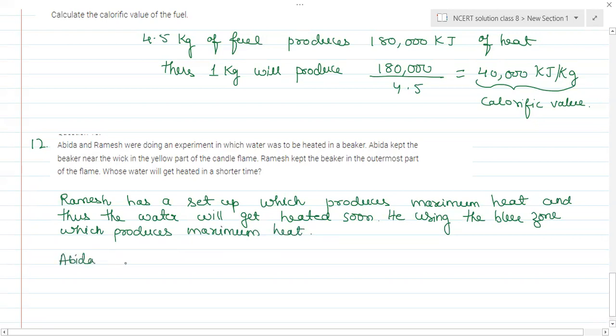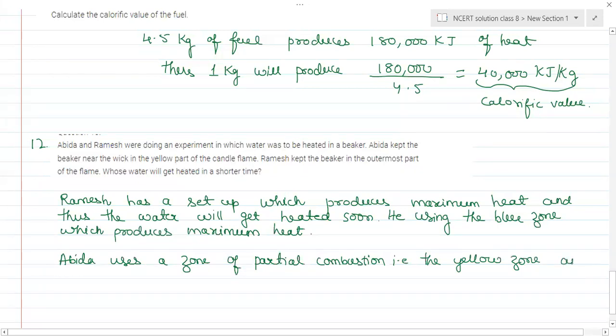Abida uses a zone of partial combustion, that is the yellow zone, and thus she will not be able to get the water heated sooner.